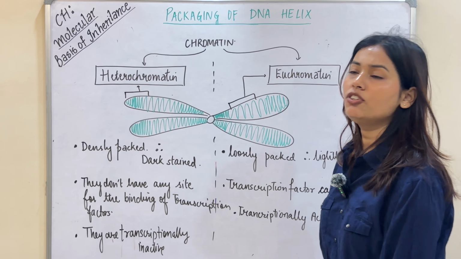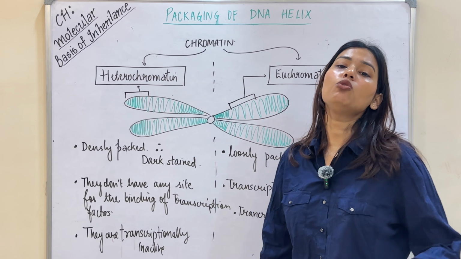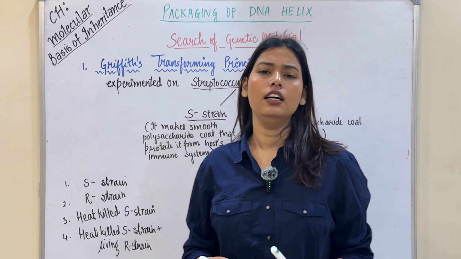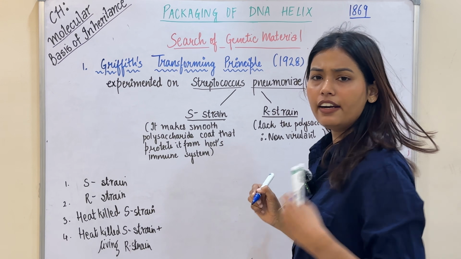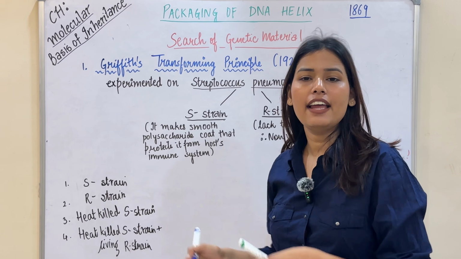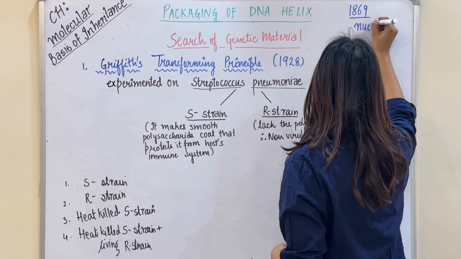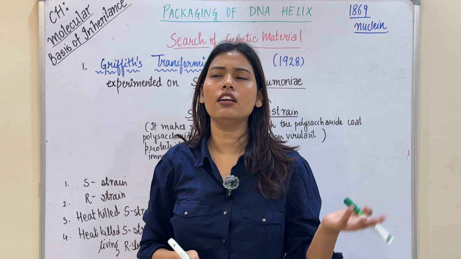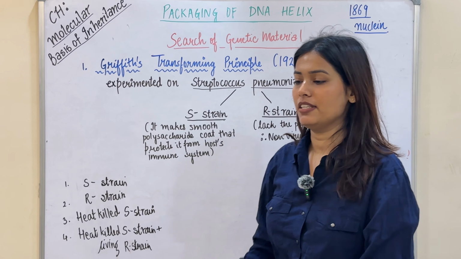Now we have to discuss the various experiments which were performed to search for the exact genetic material. In 1869, Frederick Miescher was the first scientist to isolate DNA from the nucleus of a pus cell, and he named it nuclein. Later, Altman discovered the acidic nature of the nucleic acid, the DNA specifically.